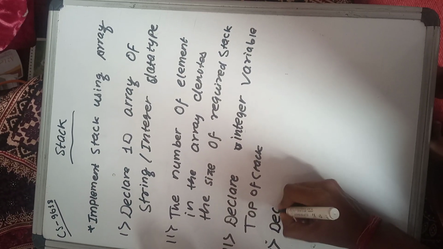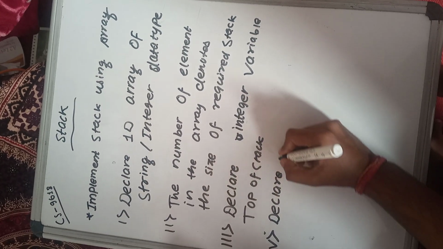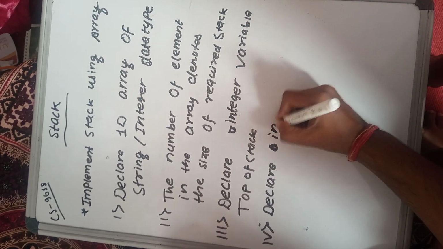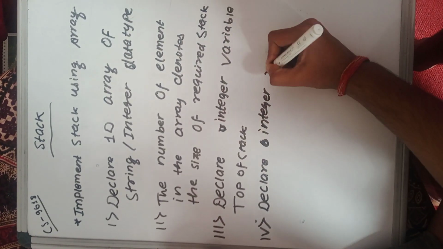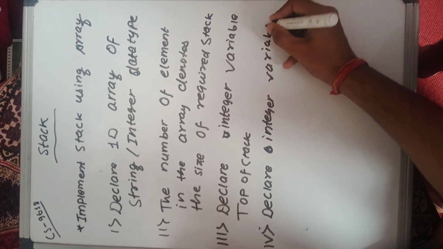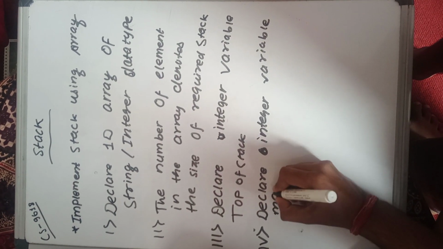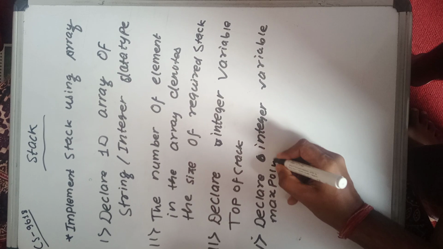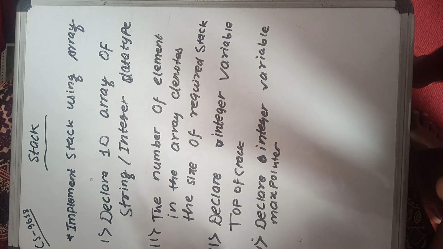Okay, now we can also declare the max value that the stack has. So we can declare integer variable max pointer. We denote the maximum value that the stack has.